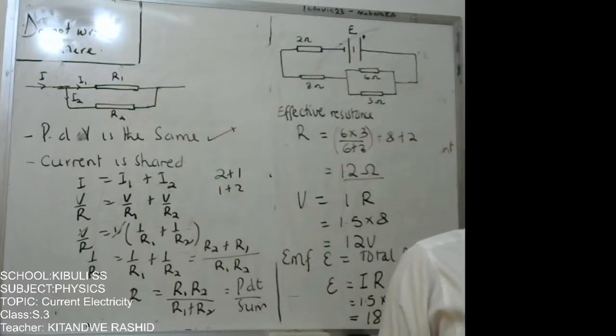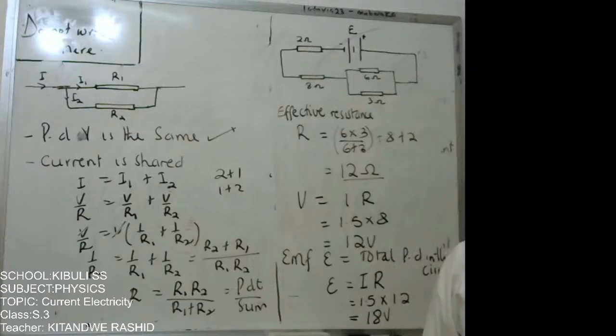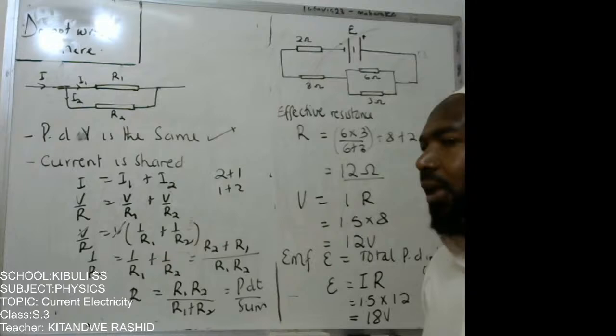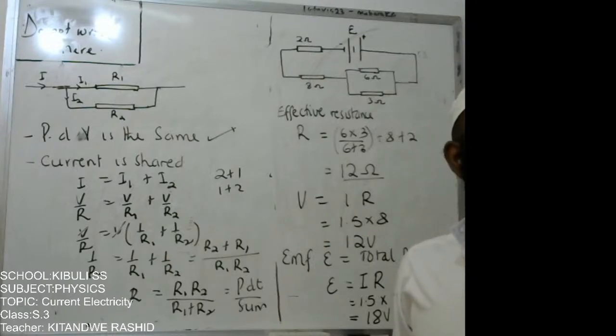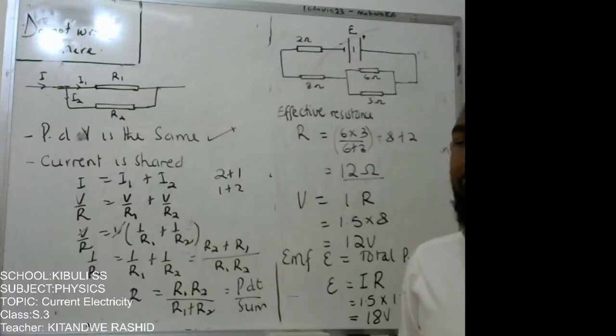What do you want to talk about today? Factors affecting resistance of a conductor. The factors are 3. And the first of these factors was talked about in the definition of Ohm's law.